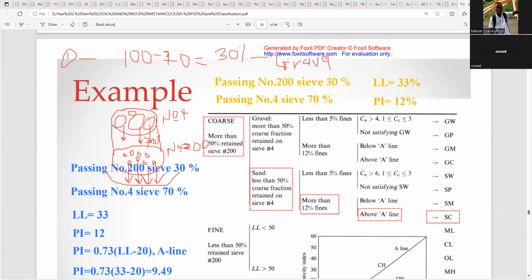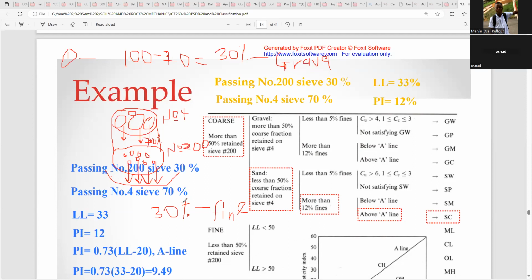Okay. So the percentage that passed sieve number 200 is what? 30%. So this 30% is the fine part of the soil. So with that, we straight away get our fine portion of the soil. So the fine is 30%. Please, is it clear?